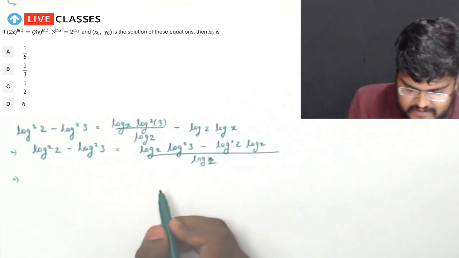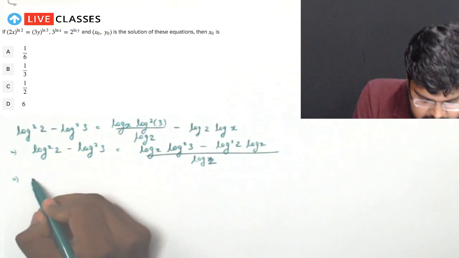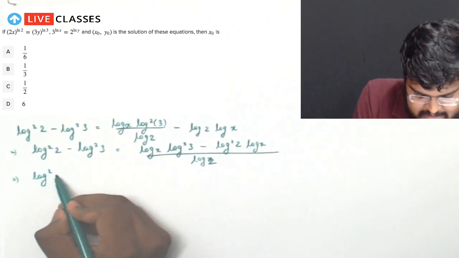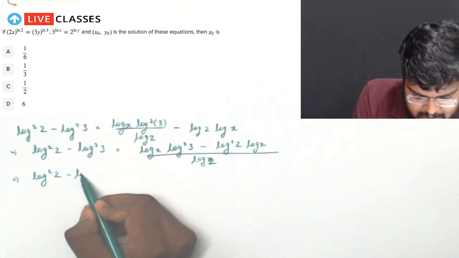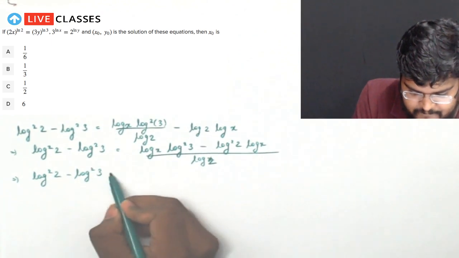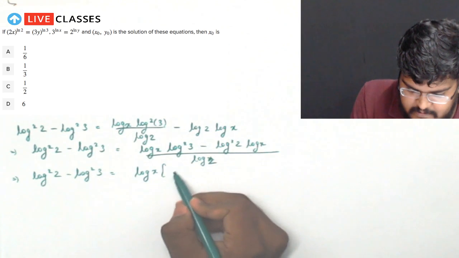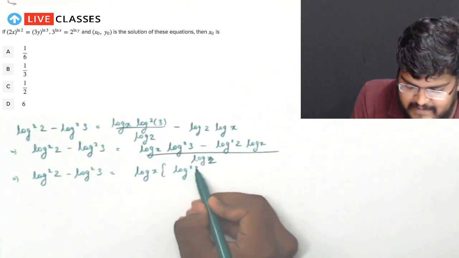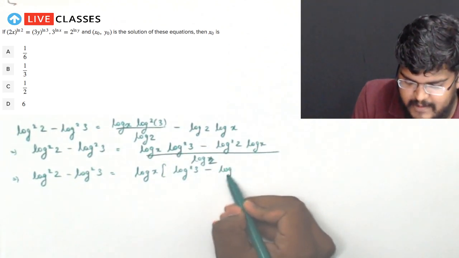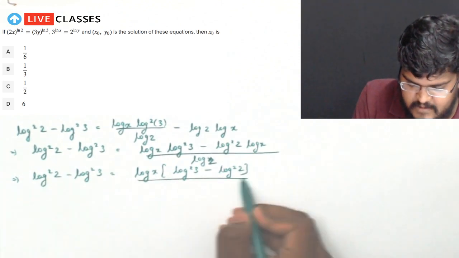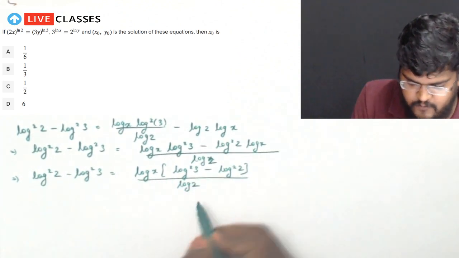From here, what you can simply do is take log x common on the right hand side. So it will give you log square 2 minus log square 3 is equal to log x common, log square 3 minus log square 2 upon log of 2.